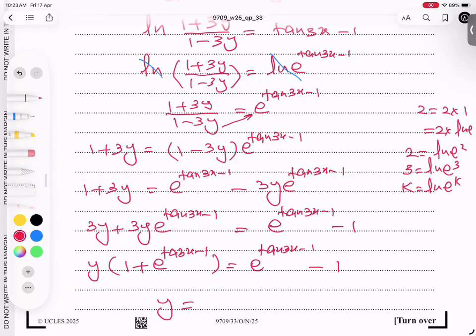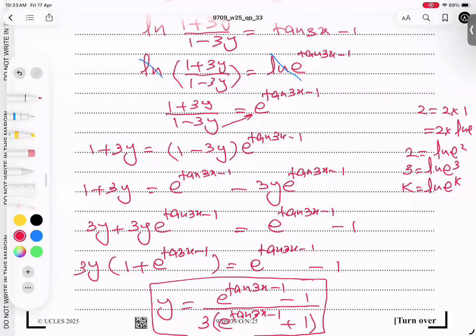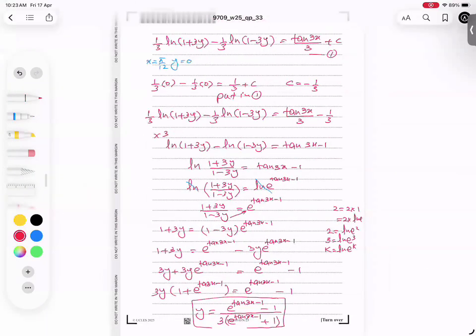And 3 is also there. I'm writing now e to power tan 3x minus 1 and minus 1 over e to power tan 3x minus 1 and plus 1. But 3 will go down, and I'm erasing this 3 to save a step and writing it beside this in the denominator, and this is my final form. And I hope the question concept is completely clear.